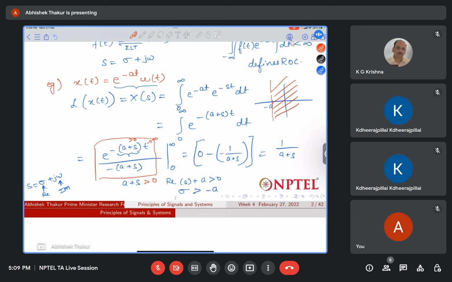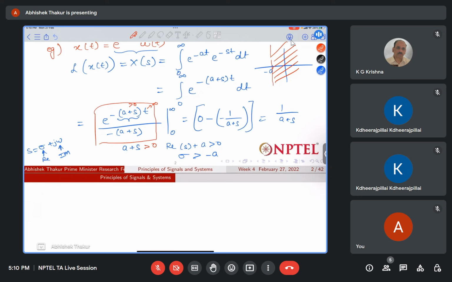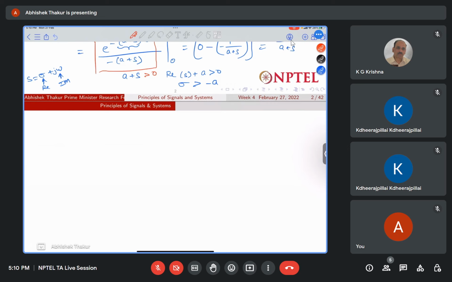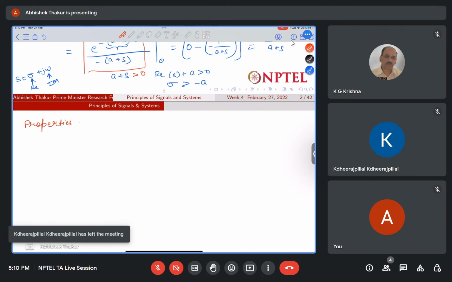In this way, we have to find the Laplace transform, and we will see some properties of the Laplace transform that will be very useful while solving complex questions.